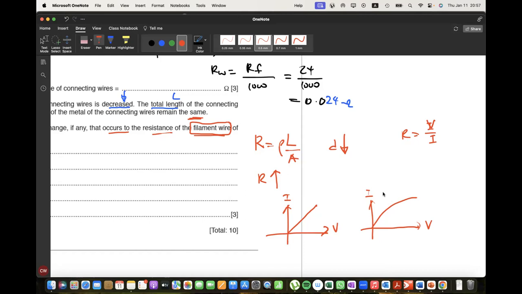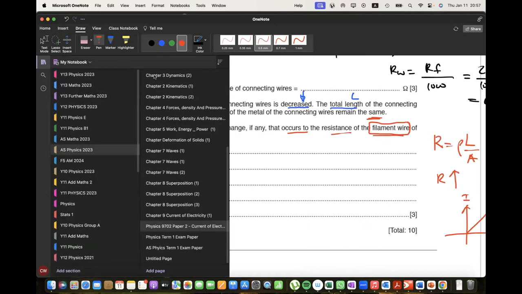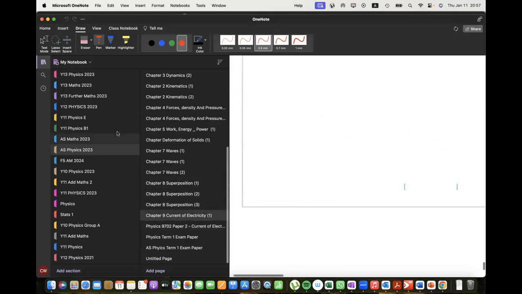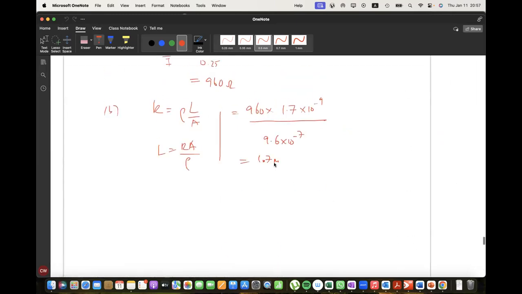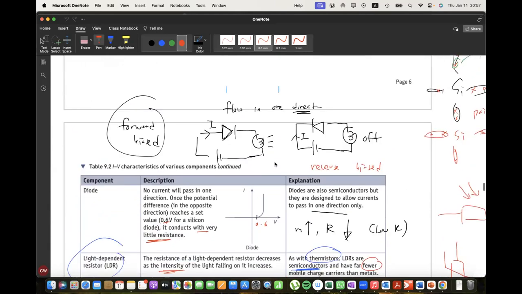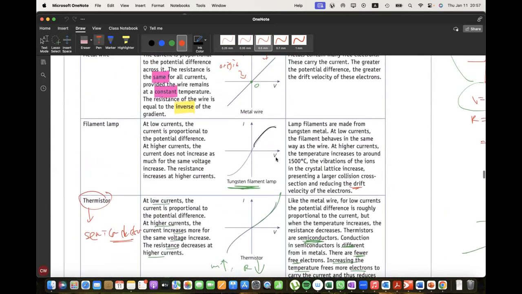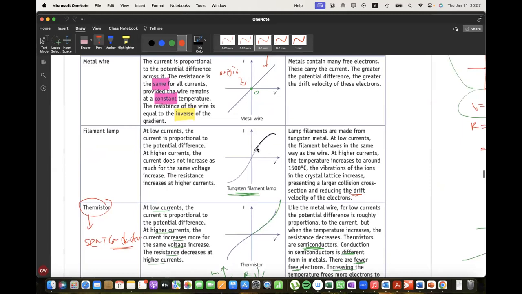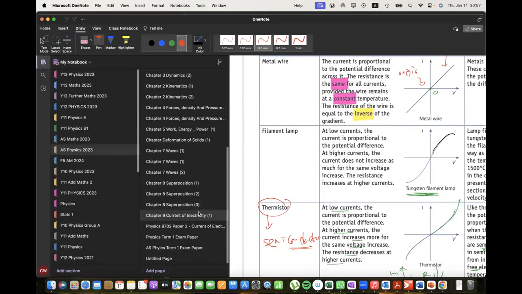Do you have the notes for wire? Wire, the filament. Like that, right? This one. Like that. So now you have to explain about the wire.